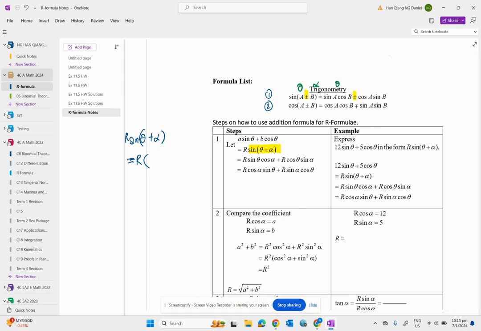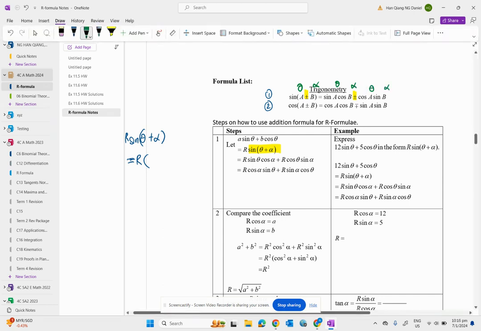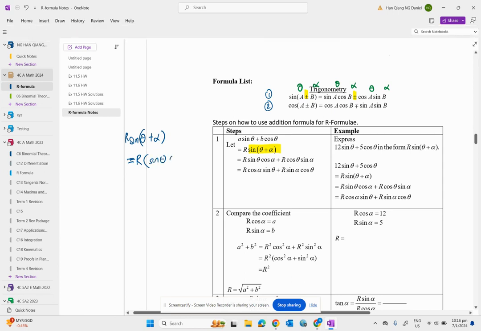So if I write here very clearly, theta is a, alpha is b, and I write it out, I have sine theta cos alpha plus cos theta sine alpha. And then the next step is to expand it: r sine theta cos alpha plus r cos theta sine alpha.